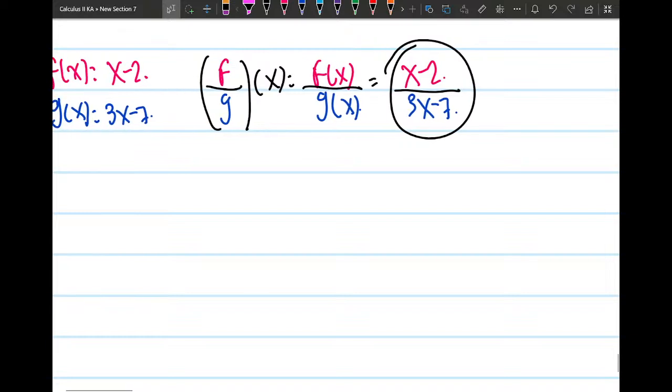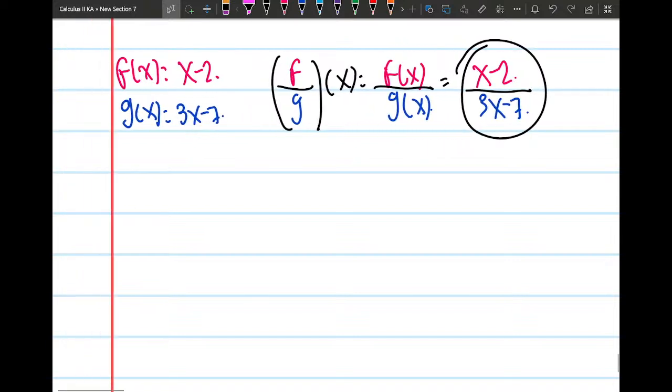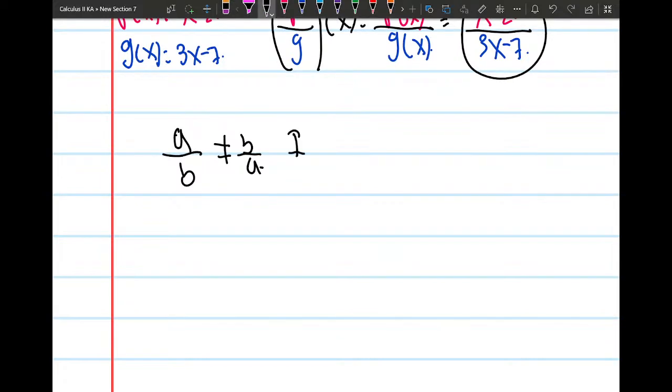Also, I want to make sure we understand that a over b does not equal b over a, if a squared does not equal b squared.